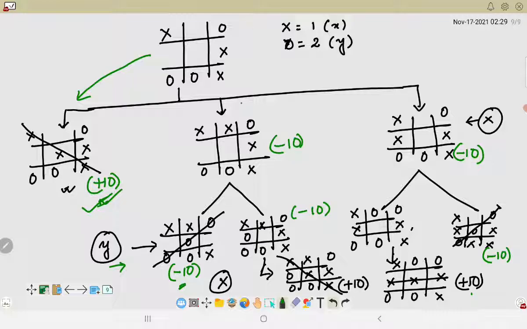However, if we choose any other direction, either this or this, we will not be able to win the game immediately, but eventually we can formulate a way out, which is considering this and considering this.